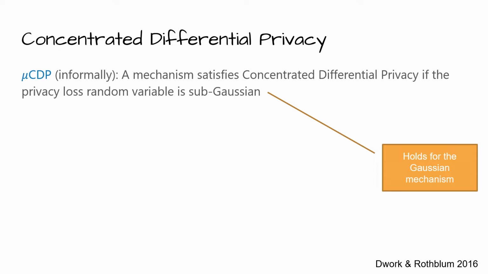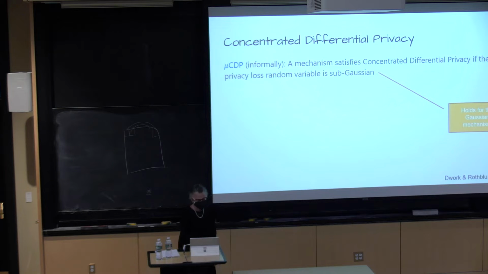So that gave rise to the next relaxation of differential privacy, which we called concentrated differential privacy. You'll see why it was subsequently renamed as mu-CDP. And informally, concentrated differential privacy says that the privacy loss random variable is sub-Gaussian. That's the only condition.